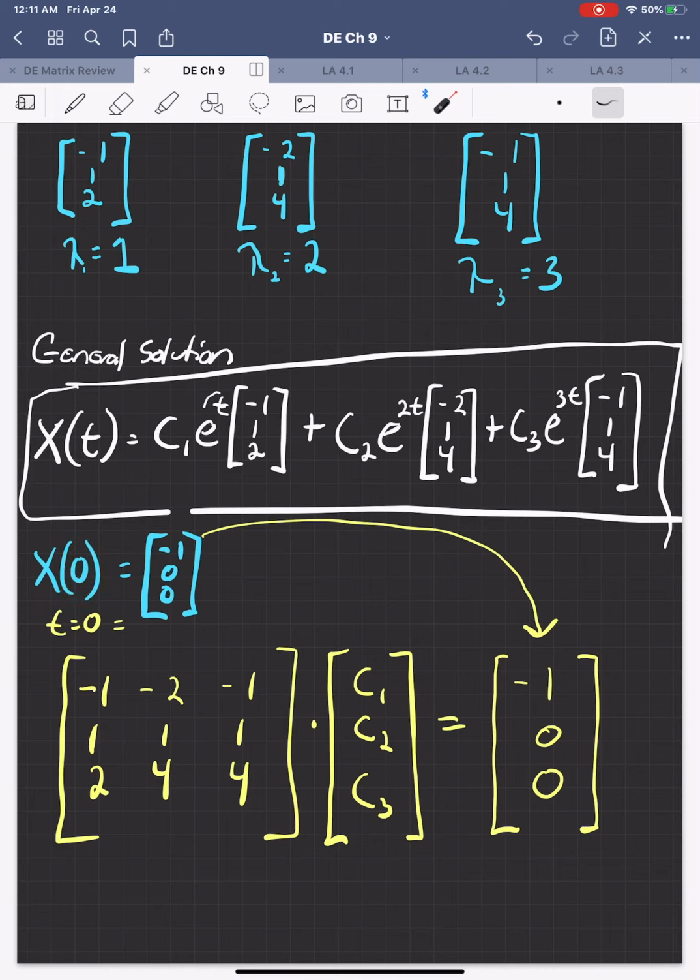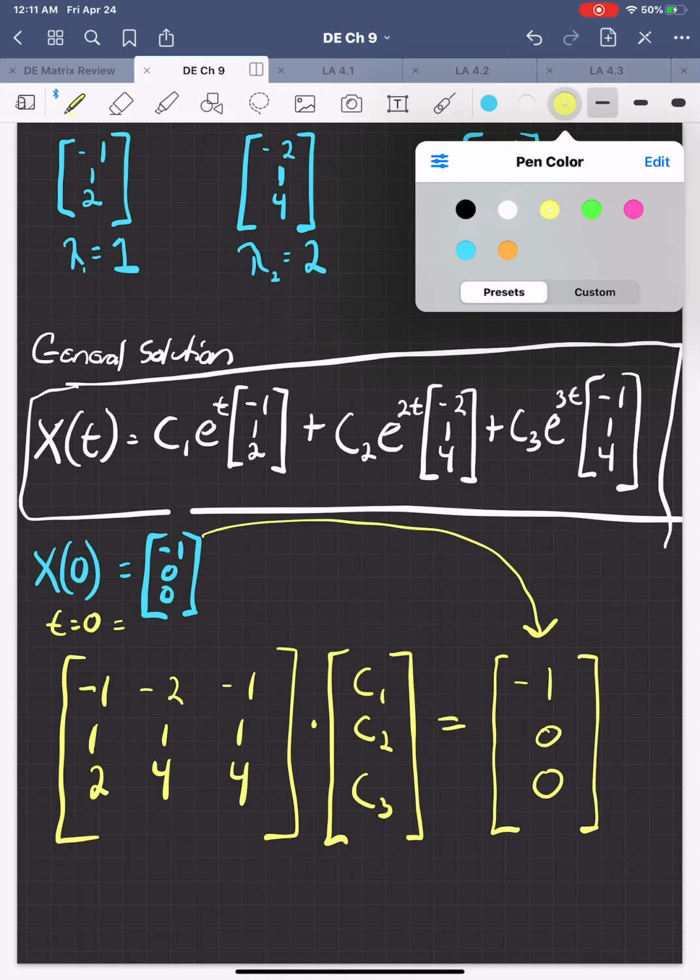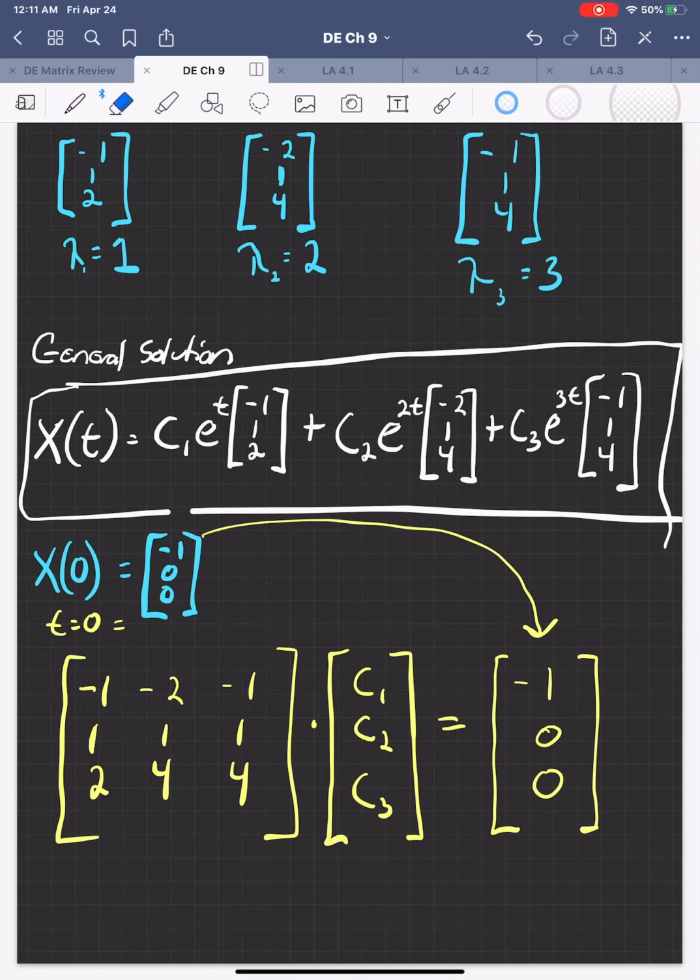If you had something else, like if you said x of 1 equals, then I'm going to use a different color here, because what you should have done, what we didn't have to because this is so easy when it's x of 0, but here's what you really should have done.